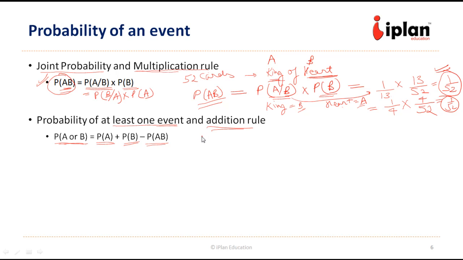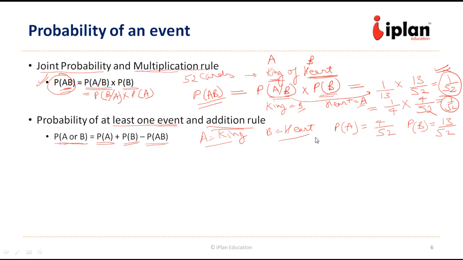So let us calculate the probability where A is king and B is heart. Again the same case of a deck of cards. Now we have to calculate the probability of a card being king or heart. We know the probability of a card being a king is 4 by 52, as there are 4 kings out of 52 cards, and the probability of being a heart is 13 by 52, as there are 13 heart cards.